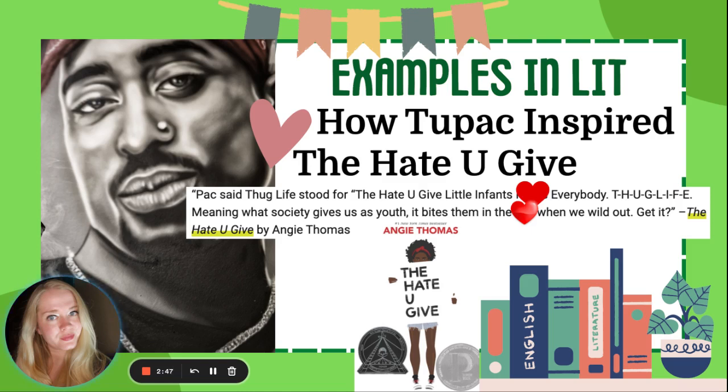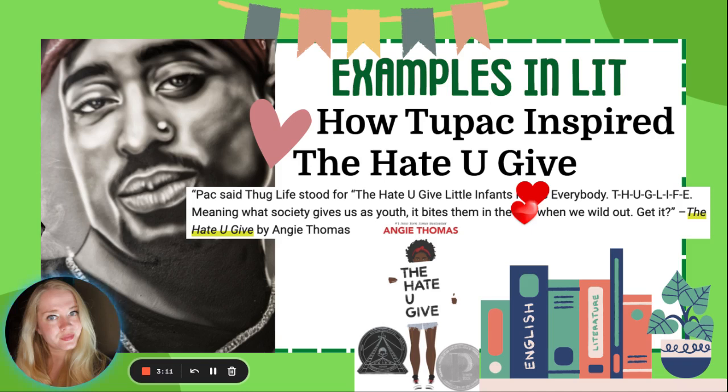And there is a quote from the novel where she kind of explains this, but the premise of the book is kind of focusing on racism in America and how the racism that is put on children at very young ages in America kind of changes society as a whole.